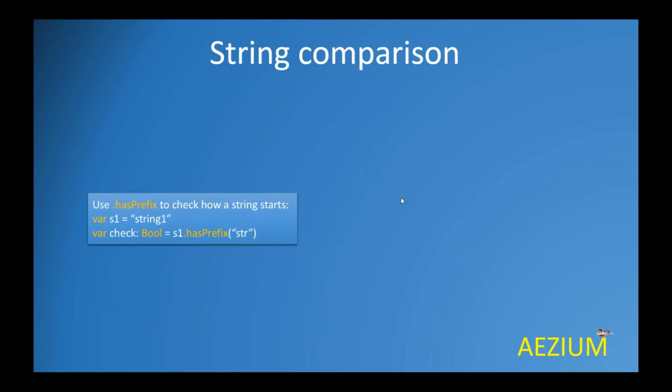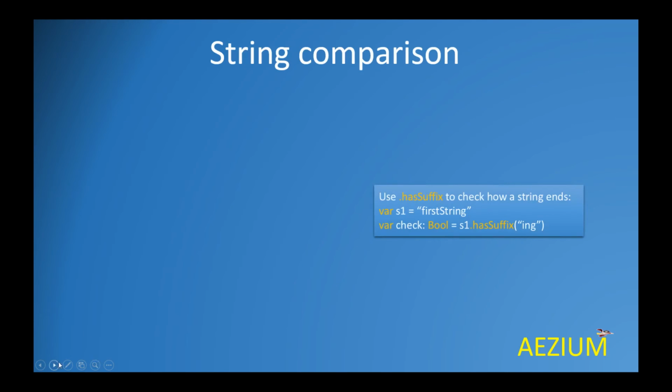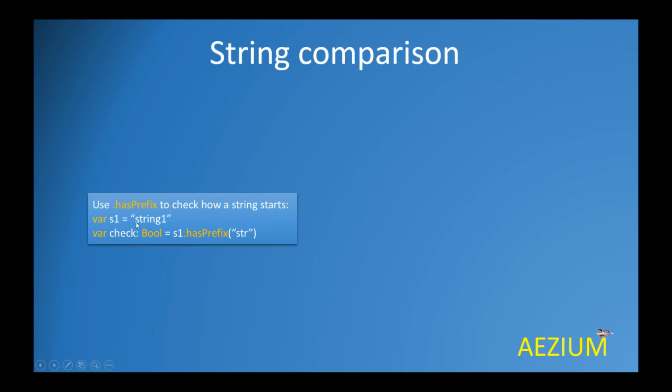Something else that we can do is that if we wish to check whether a given string starts with a particular pattern, we could use the keyword has prefix to check that. So in this case, we have a variable string called s1, which is equal to string 1.